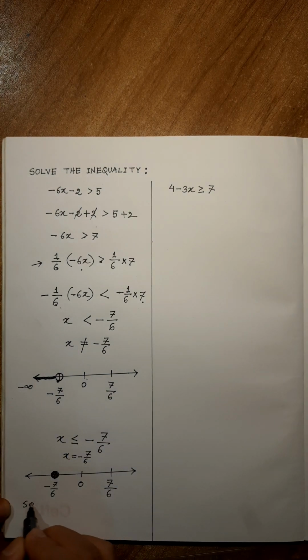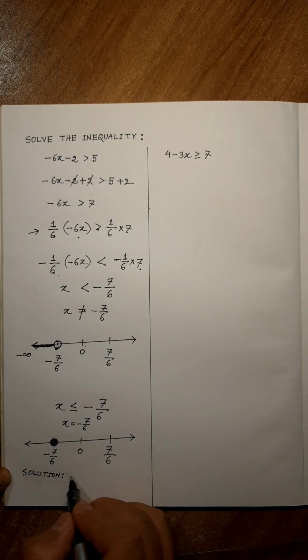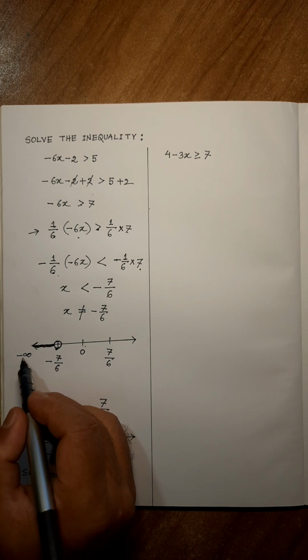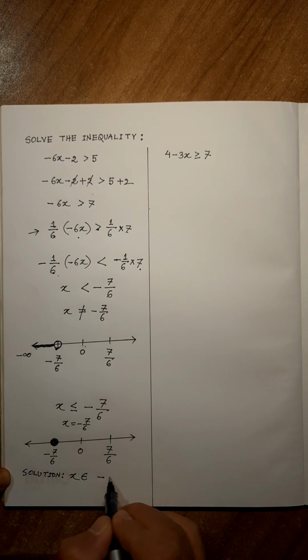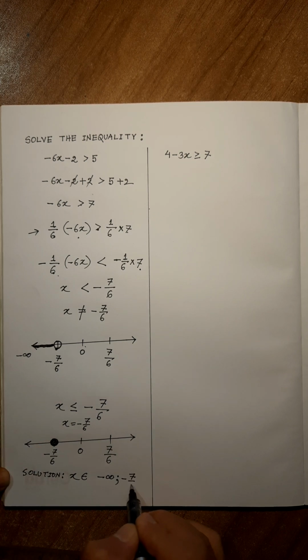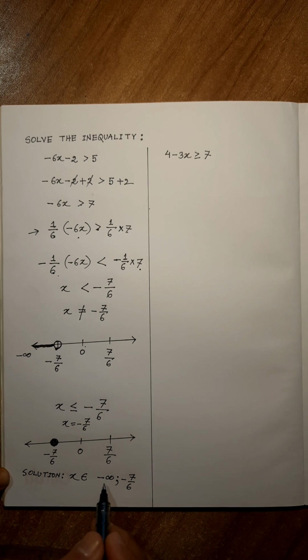So, our solution in this case is x belongs to the set, well, from negative infinity up to negative 7 over 6. The lesser value is on the left side, the higher value is on the other side. Obviously, negative infinity is way less than negative 7 over 6.